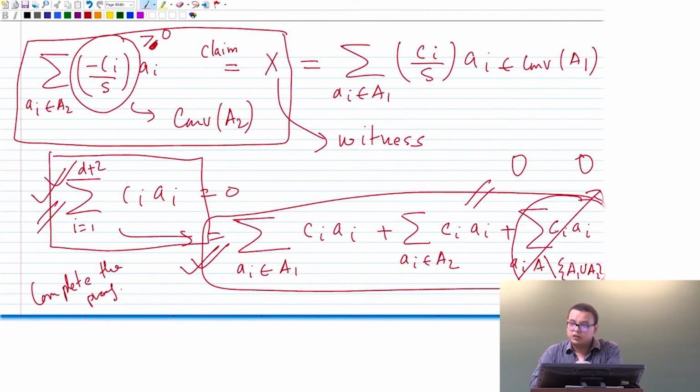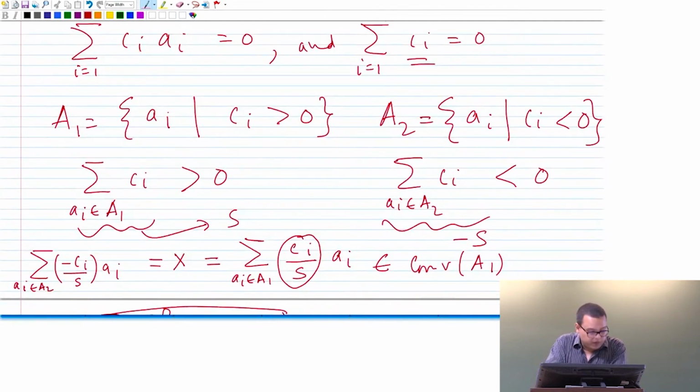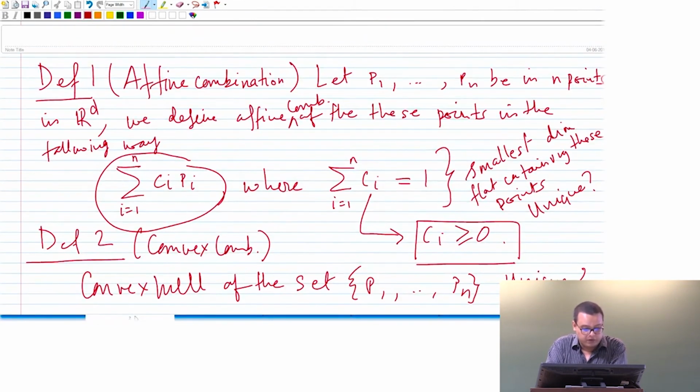See, I want a point in the convex hull of these two sets, right? A convex hull, what are the points? So again, go back to the definition. How do we define convex hulls? Convex hulls are the points of the form Ci Pi.